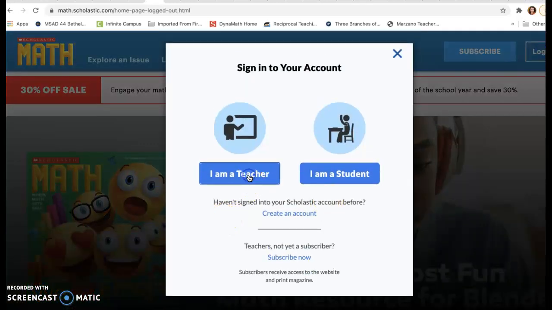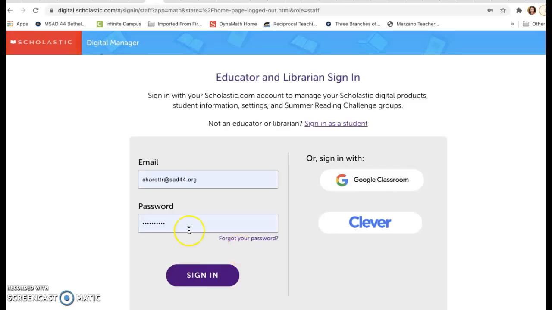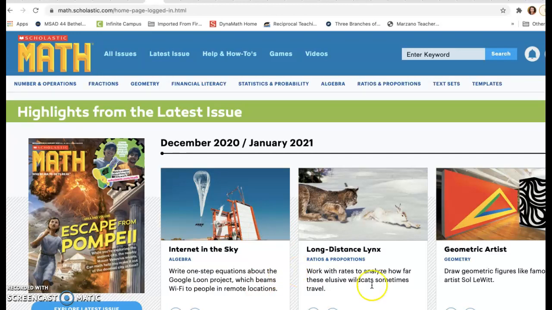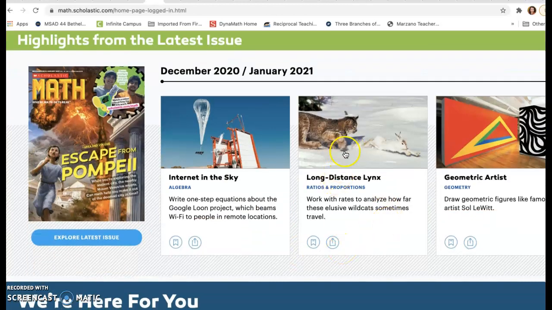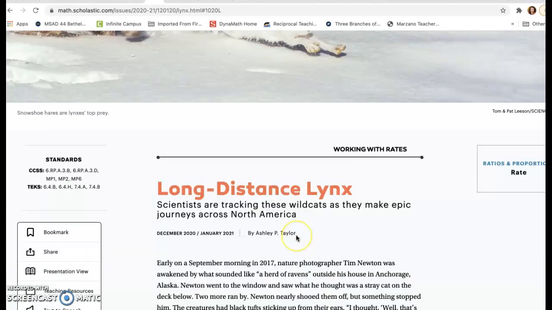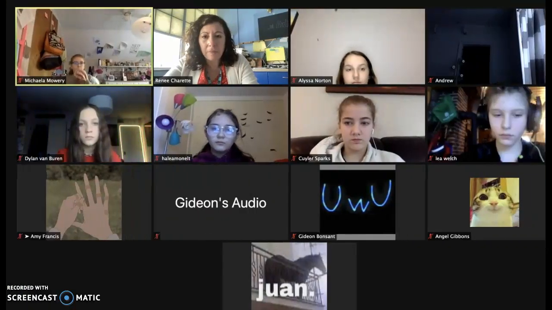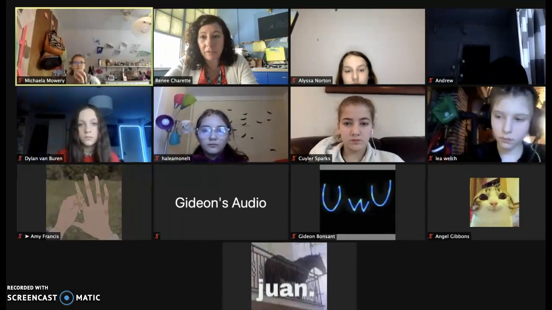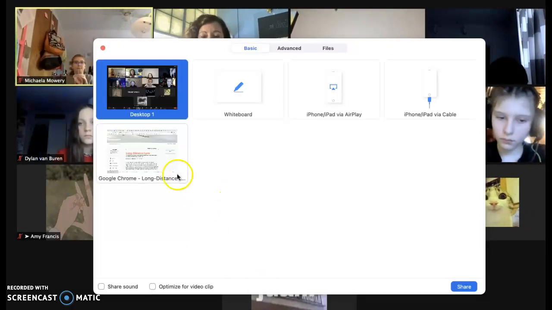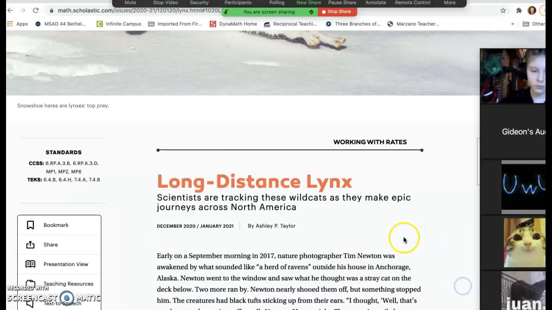Remember we still have the login for the Scholastic Math. If you need it, your login for students is frogdog3400. So if you want to get to that article and be able to see it, that would be fine. How about I share my screen and we can read the article together super quick right now, okay? And that will save you from having to do that later on your own.